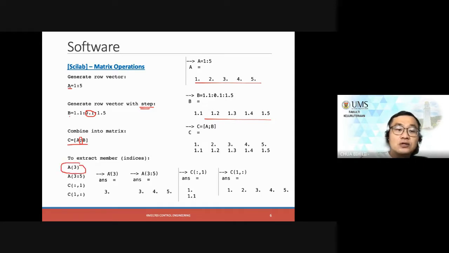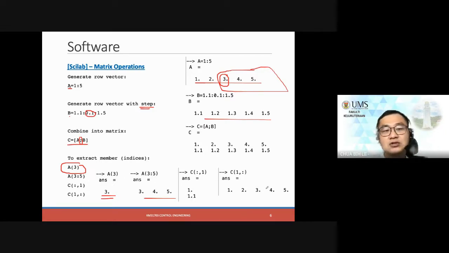If you check a, element number 3 (1, 2, 3), you would get the number 3. Or if you would like to get a from element number 3 to 5, coincidentally 3 to 5. You can try all these things on your own to check out what you can do in the software using matrix operations.